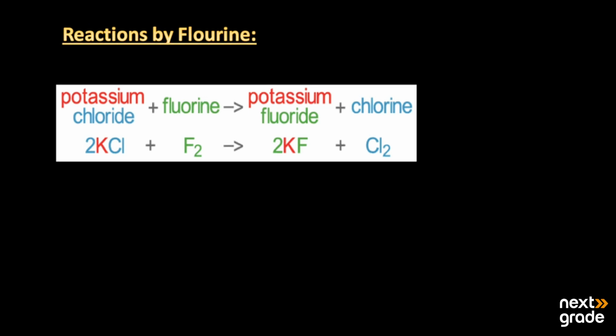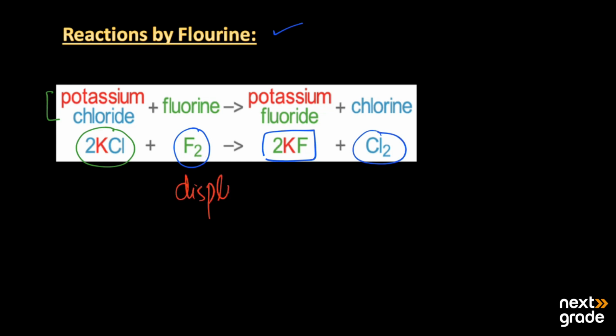The first is the displacement reaction by fluorine. Here we have potassium chloride, KCl, and fluorine, F2. After the reaction, we have the product potassium fluoride and chlorine. So the fluorine displaces the chlorine in this process and takes its place, producing chlorine gas as a byproduct.